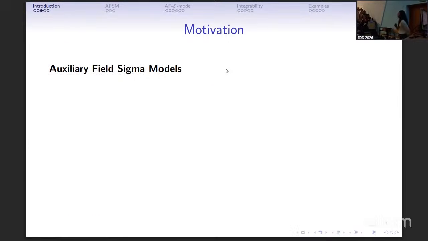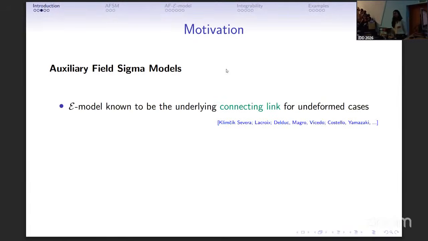And now, because it's quite a growing field, let's try to dig a bit deeper into this. The motivation for my work is that the E model has been known to be the underlying connecting link for all these bubbles that I was just talking about. But that is for the undeformed cases.